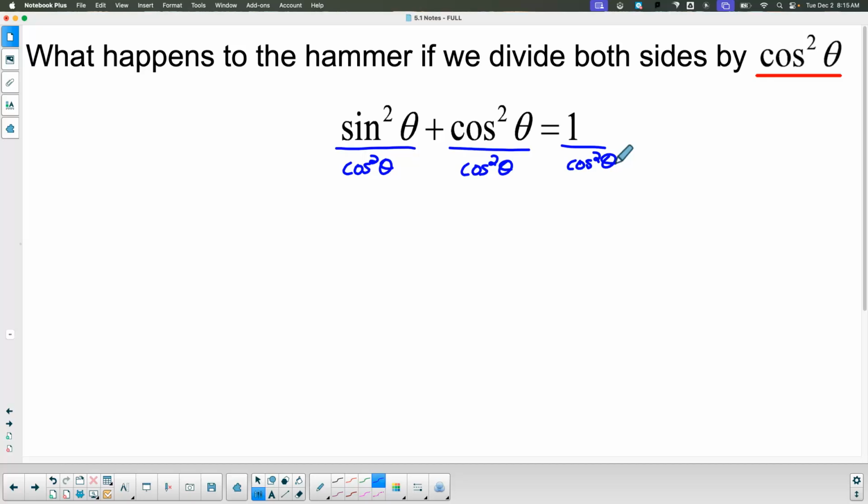First one, sine squared divided by cosine squared. Tangent squared. Cosine squared divided by cosine squared. One divided by cosine squared.